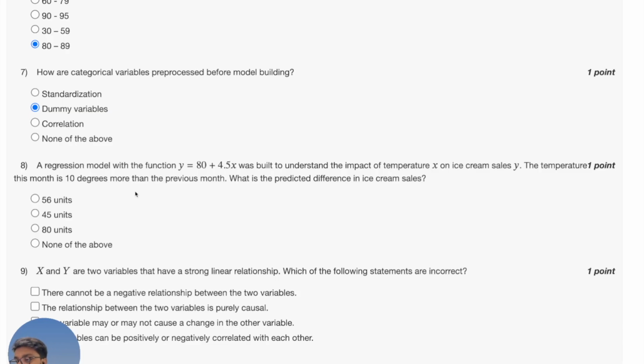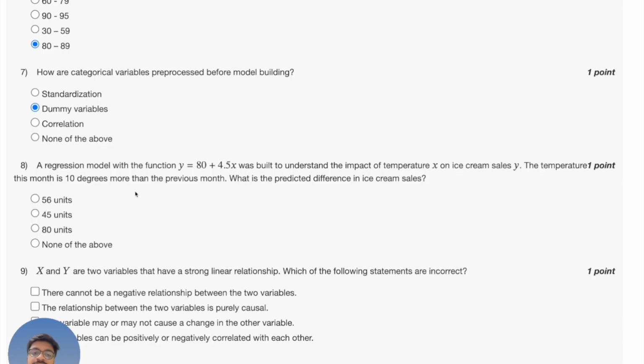What we have been told is every year the degree is increased by 10. So initially, in the first year, we have 80 plus 4.5x, which is 80 plus 4.5 into 10, that is 45 plus 80. 45 plus 80 is 125.